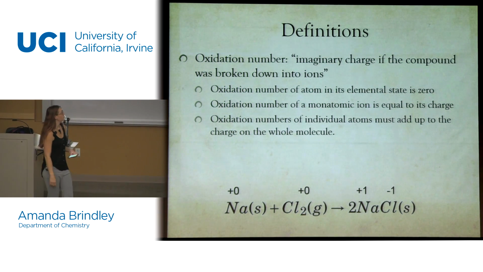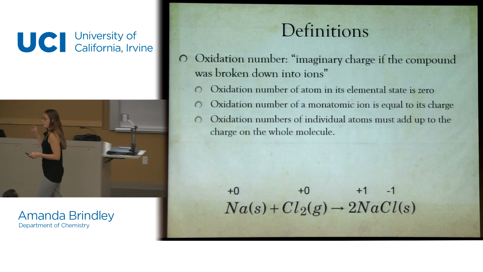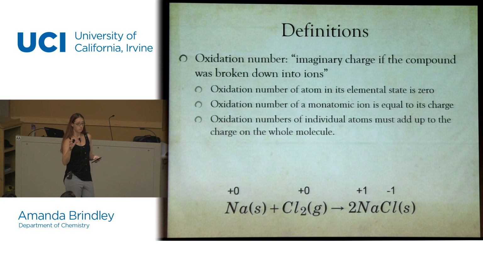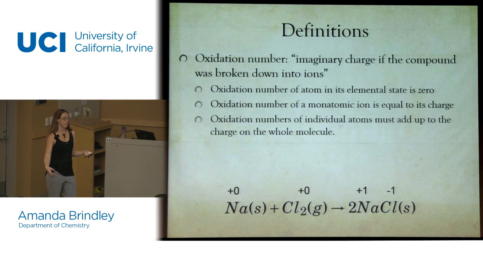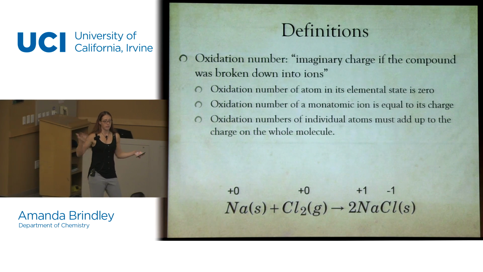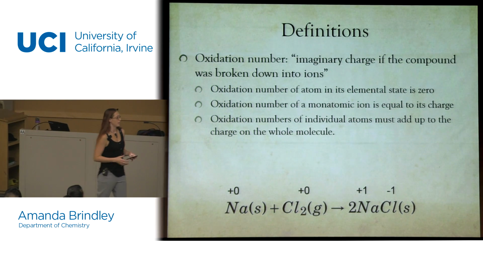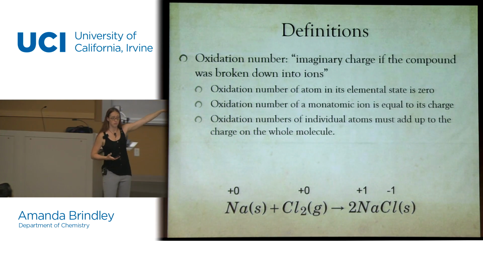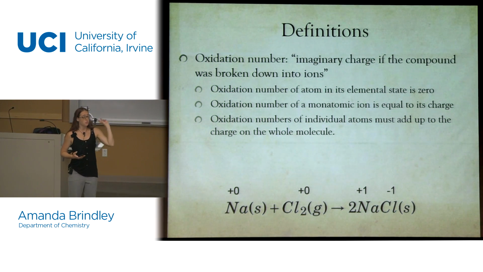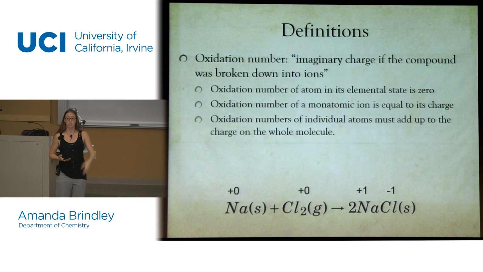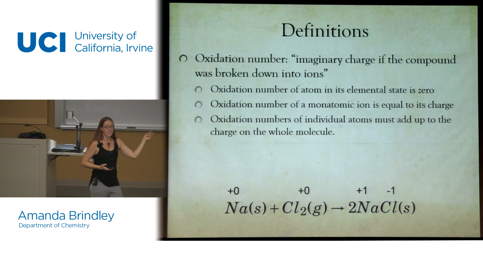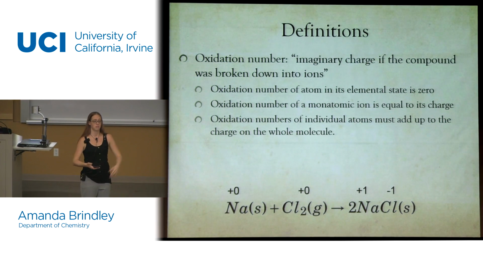Okay. Oxidation numbers of a molecule must add up to the oxidation number of the whole thing. So for sodium chloride, what's the charge on the whole thing? 0. That means that the charges on the species have to add up to equal 0.